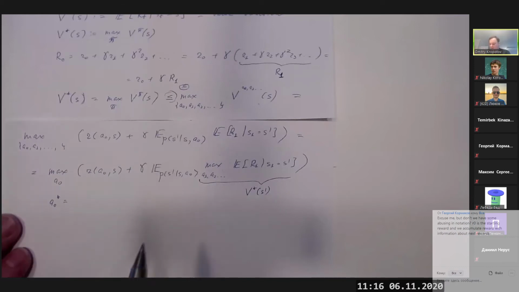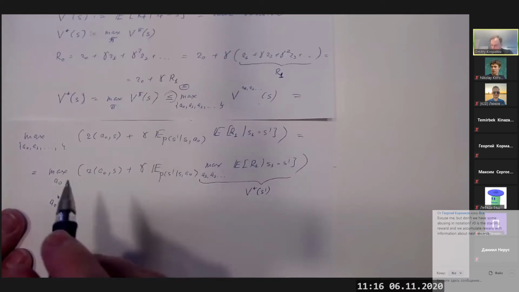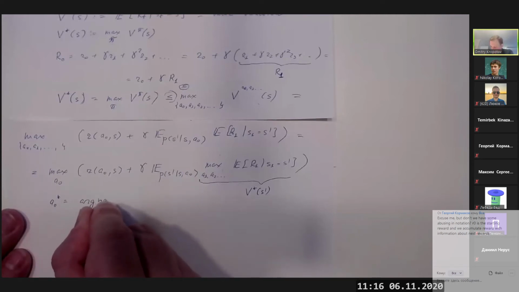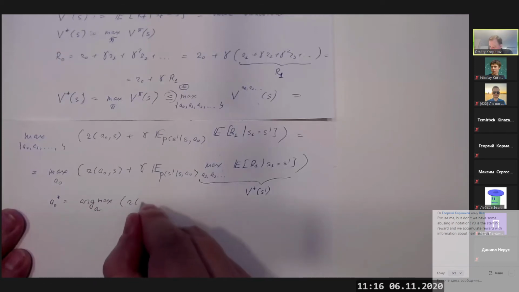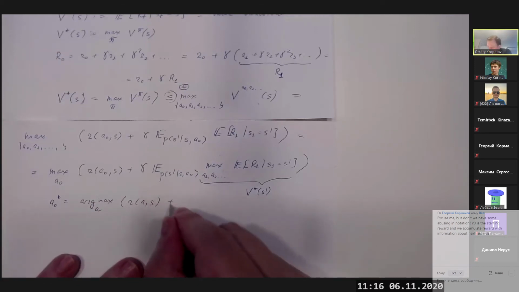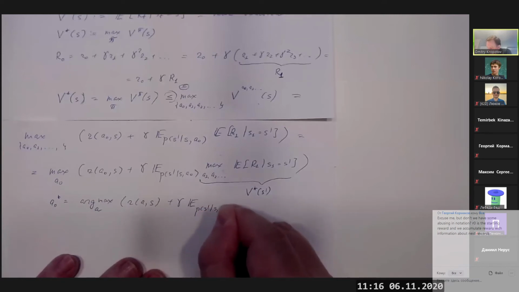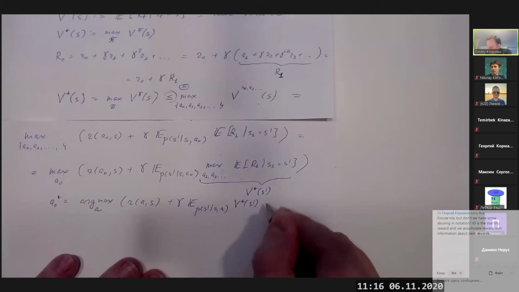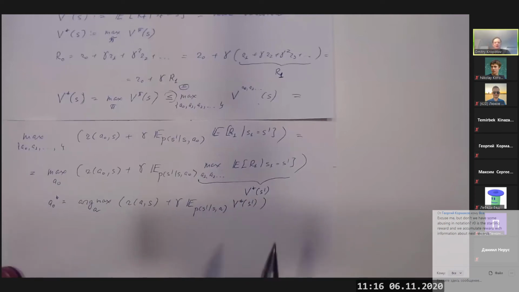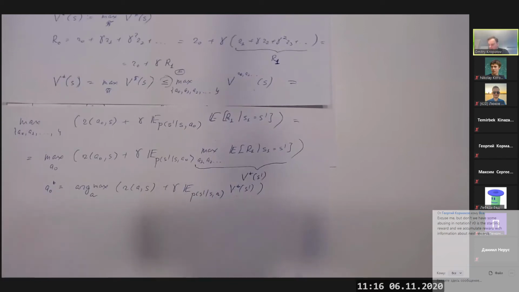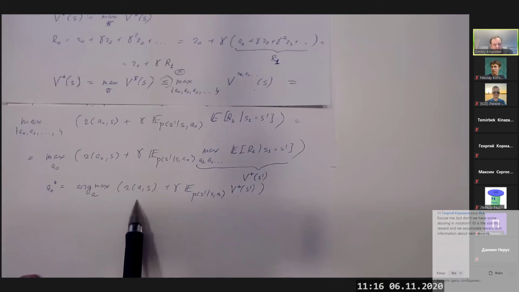Taking this into account, our optimal A0 would be the argmax over actions of our immediate reward, plus gamma, transition probability, and this modified V function, the maximization over independent actions. And you may note that this expression does not depend on the time moment.